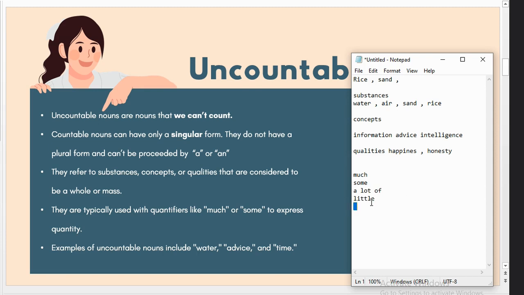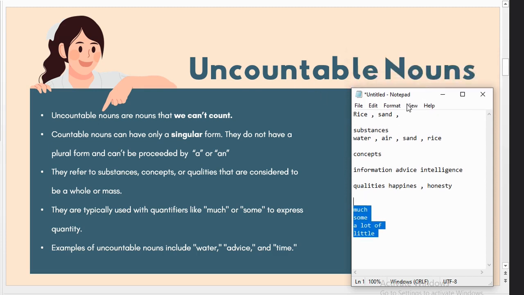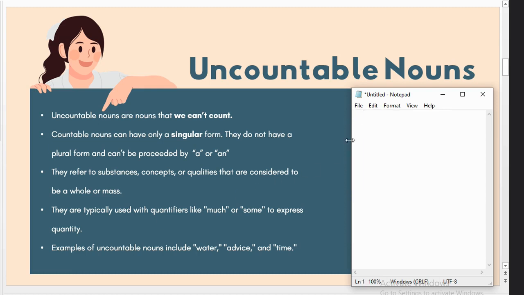These are the words that we can use with uncountable nouns. For example, uncountable nouns include water, advice, and time. So we cannot count uncountable nouns, and secondly, we cannot use a or an with uncountable nouns because we cannot count them. They have only a singular form, they do not have any kind of plural form. That's why this is an uncountable noun.